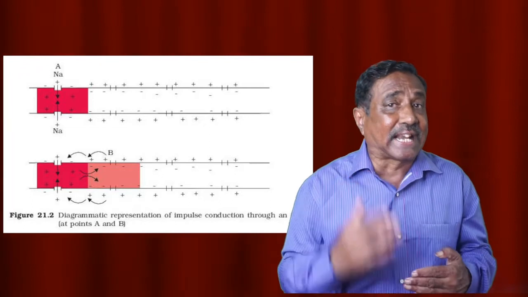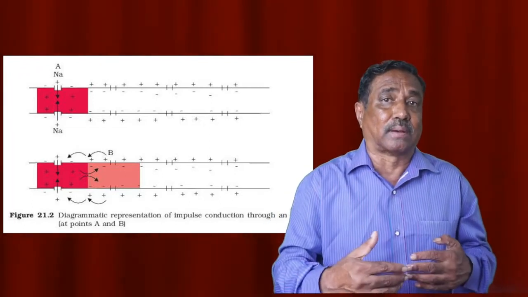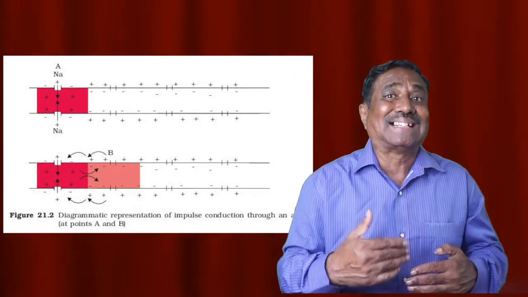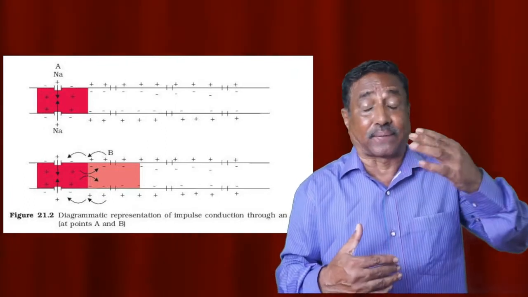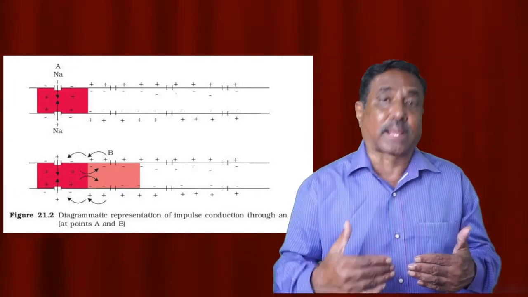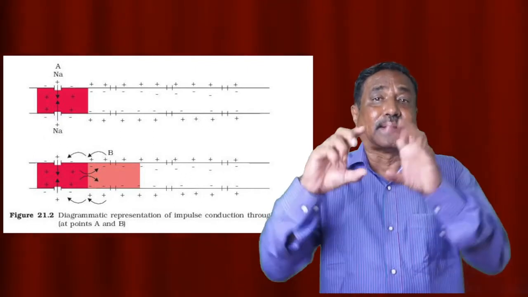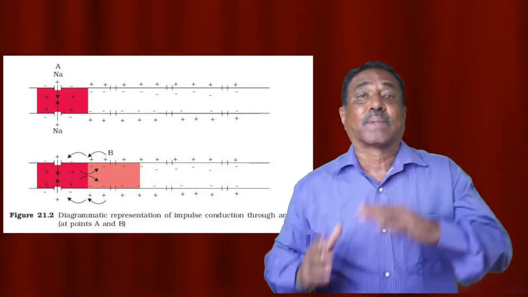For every 3 Na plus ions that move out, 2 K plus ions move in, and for every 3 Na plus ions that move in, 2 K plus ions move out, and this is called the action potential stage.